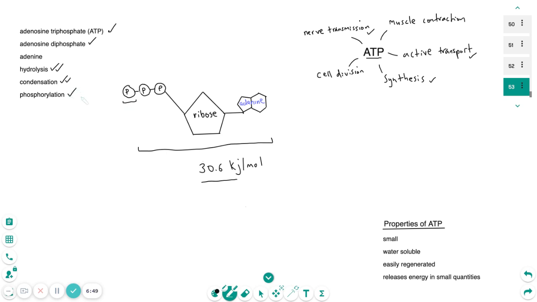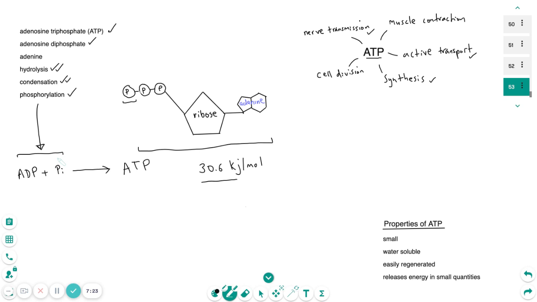For example, ADP, which is adenosine diphosphate, that's 2 phosphates, plus 1 inorganic phosphate, gives us ATP. This process of adding the phosphates is called phosphorylation. The ADP has been phosphorylated and turned into ATP.